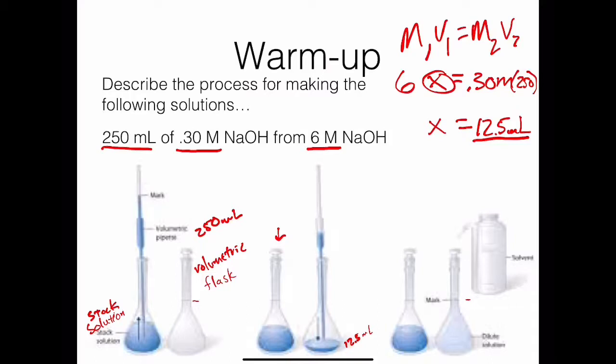Now, as you do this, you're going to be creating a bit of a concentration gradient where the more concentrated solution is in the bottom, and then as you go up, it becomes less and less concentrated. So just adding the water isn't enough. We have to mix it. So the final step would be then to cap your volumetric flask and invert it or turn it upside down several times until it's homogeneous, or until it has the appearance of being the same throughout.